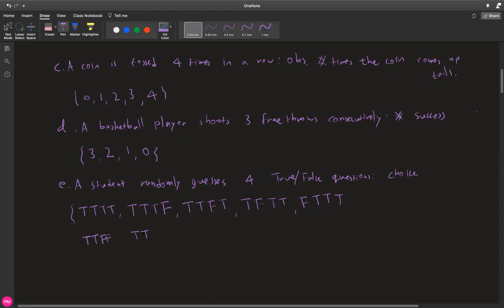True, false, true, false. False, true, true, false. Oh, we already did that, sorry. This gets quite confusing after a few times.